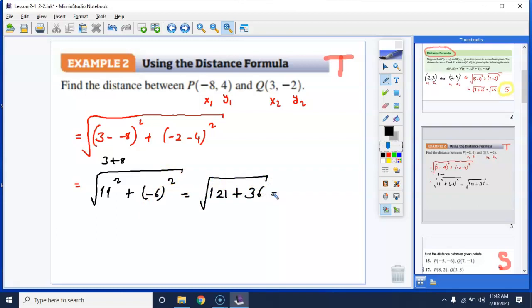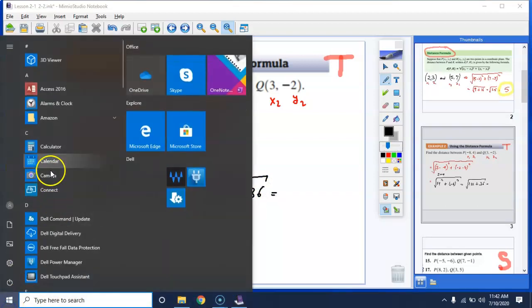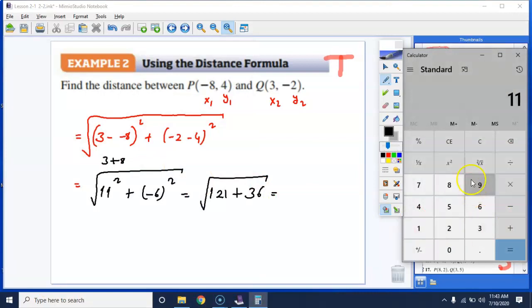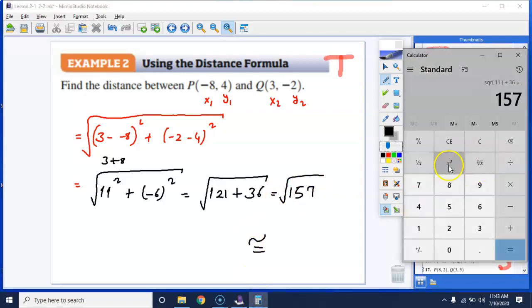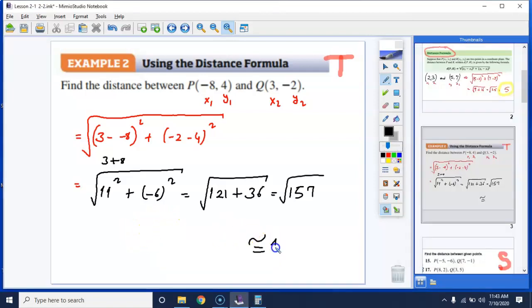And then let's calculate this. 121 plus 36 is 157, and the square root of that is more or less 12.5. Let's go with 12.5. That's the distance between these two ordered pairs. That's how we find it.